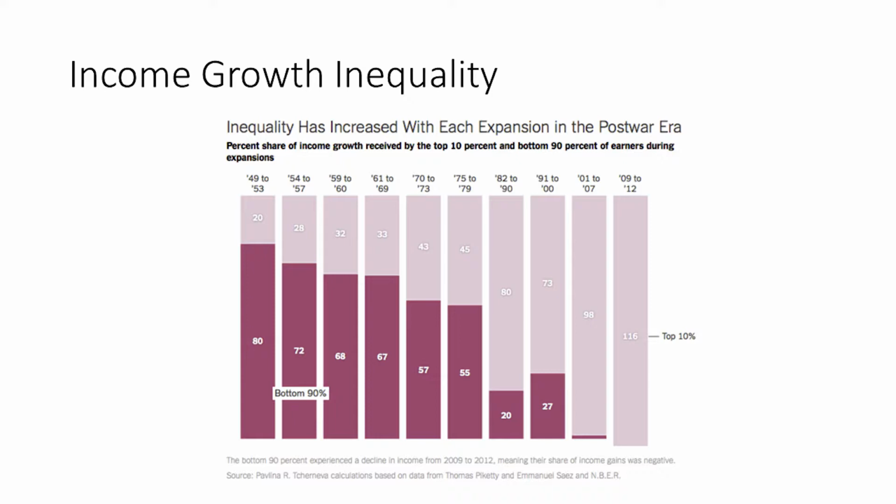So looking through sort of the 50, 60 years, there was more income that was going to the bottom 90% of the population than the top 10%. And then starting in 82, moving forward, that has drastically shifted where almost all of the increase in wealth is going to the top 10% wealthiest already in the country.